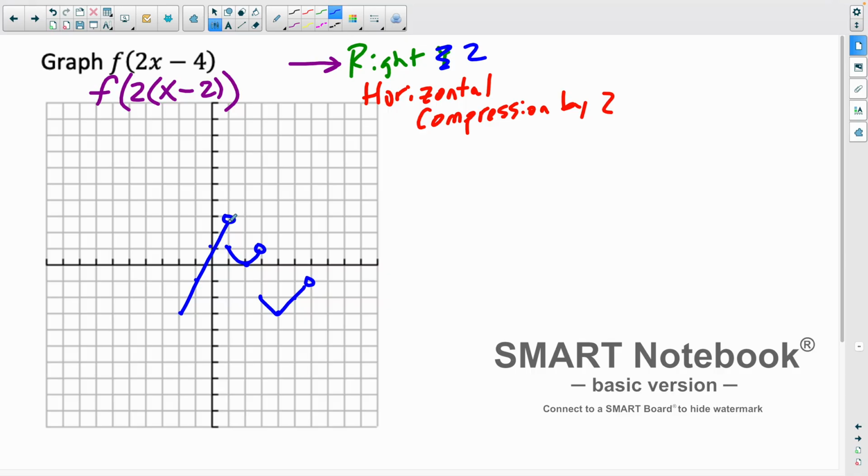So I'm going to do the inside of this piece first. I'm going to move everything right 2. I know that's a little bit easier for me. It's a little bit harder for you, but I'm just going to move this right 2, move that right 2, and move this one right 2. Okay?